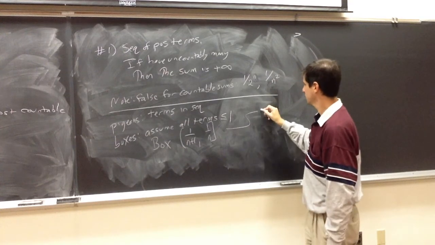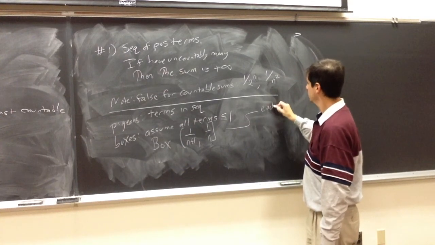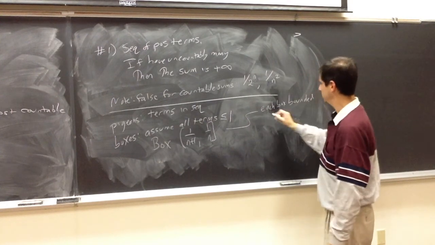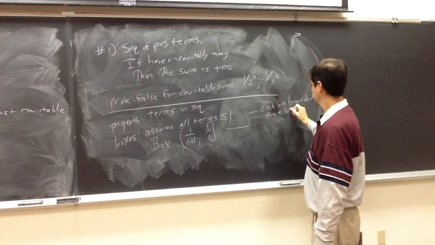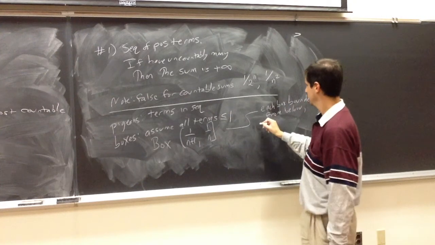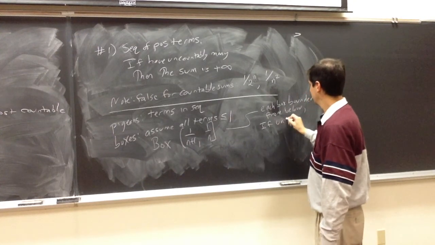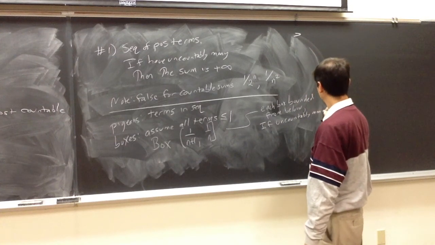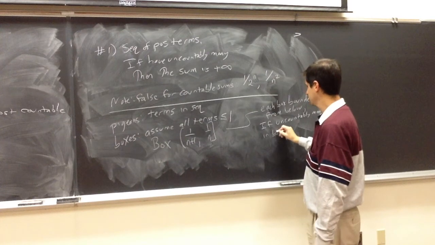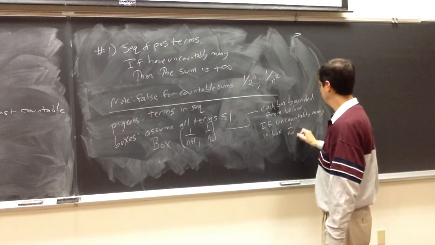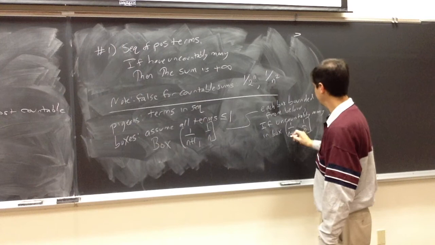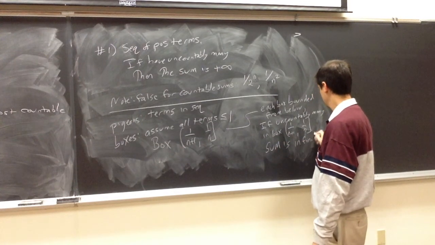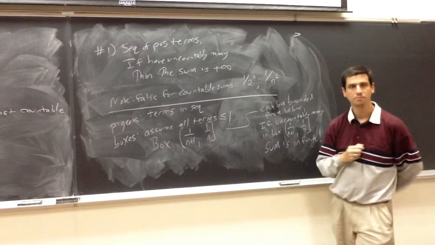Each box is bounded from below, so if uncountably many terms are in the box from 1 over n plus 1 to 1 over n, the sum is infinite. And we're done.